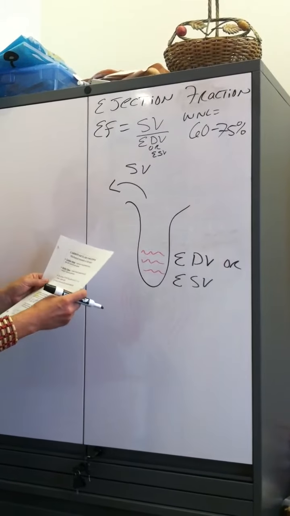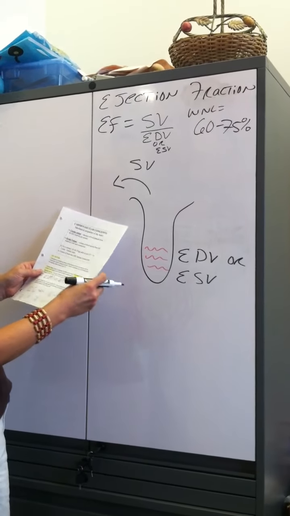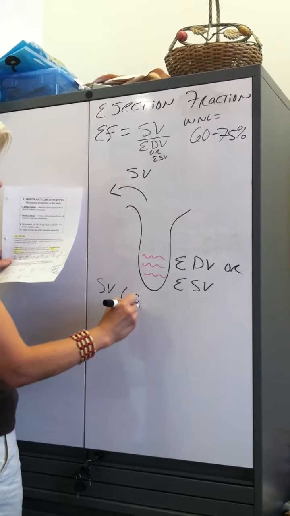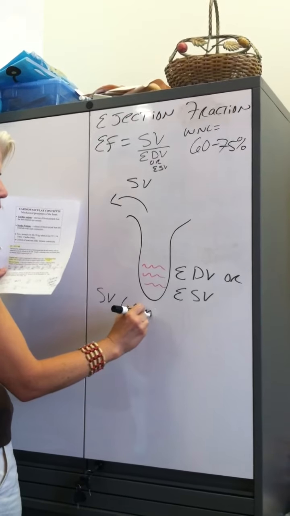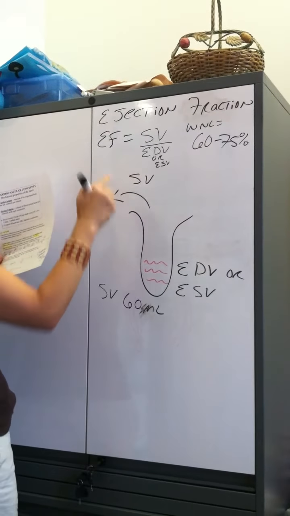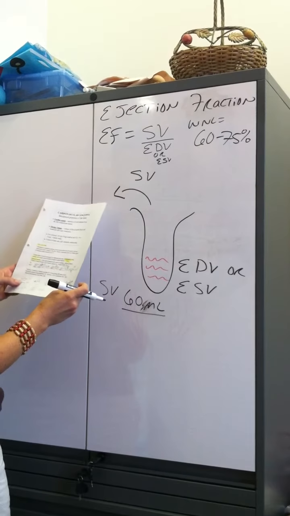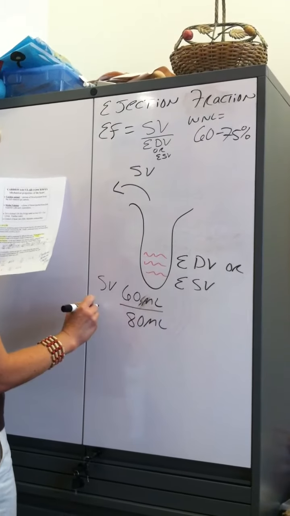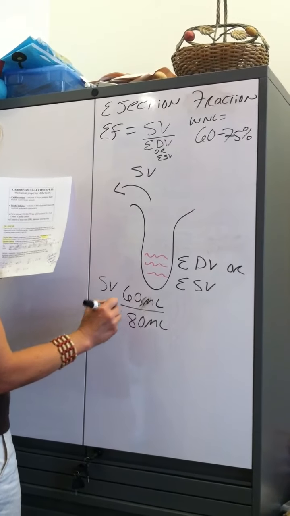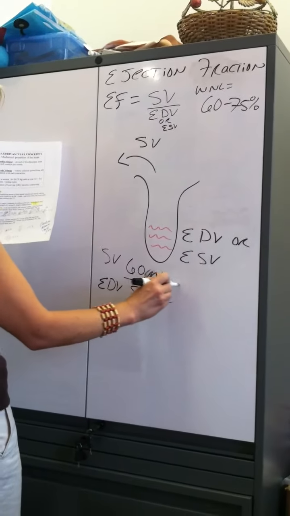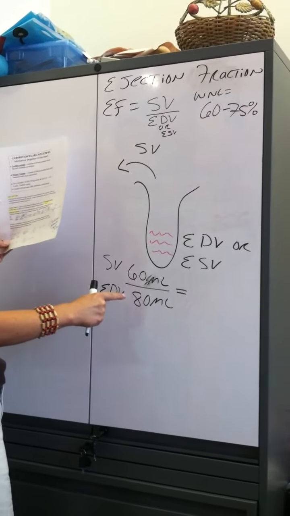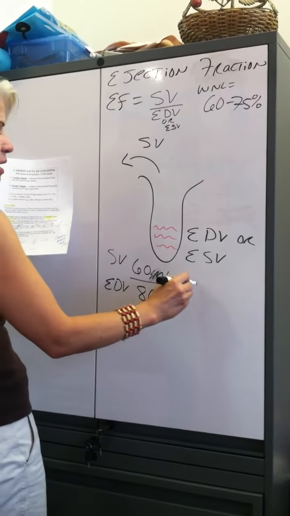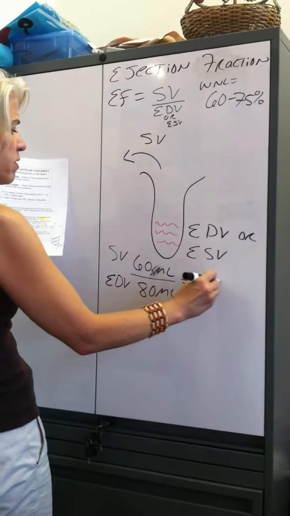So let's say that what goes out, stroke volume, is 60 milliliters. So 60 milliliters gets ejected out, and then what ends up staying behind in the heart is 80 milliliters, and that would be the end diastolic volume or end systolic volume, if you like that term better. So if anybody has a calculator, you divide 60 by 80, and then multiply that by 100, and we get 75%.